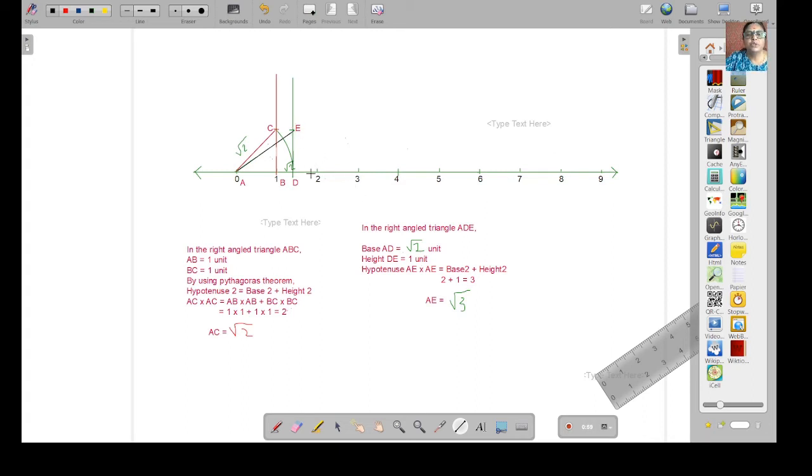How to draw root 3 on the number line? So just like root 2, we will take the compass and keep the center of the compass on A and root 3 as radius, draw an arc.